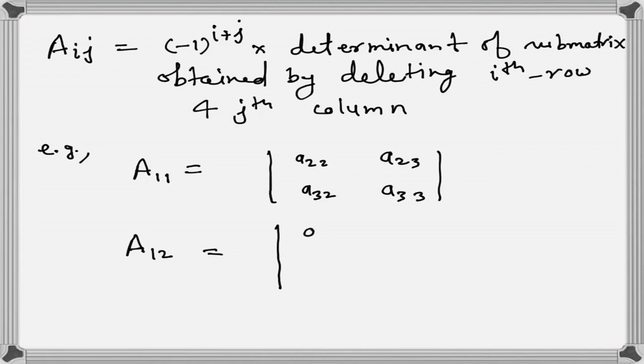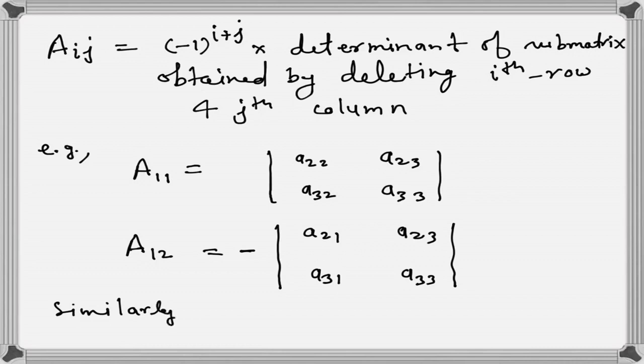So you get A21, A23, A31, A33, and here it will be multiplied by minus 1 to the power 3. So this is the minus sign. Similarly, the other Aij can be calculated.